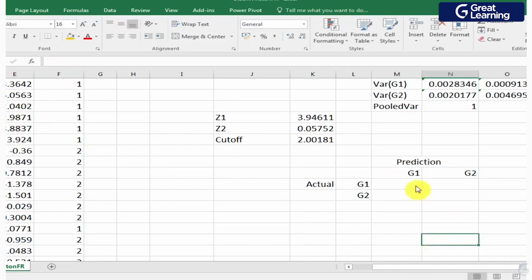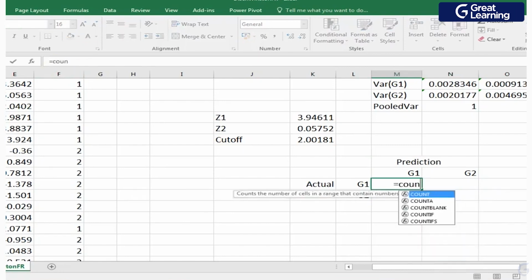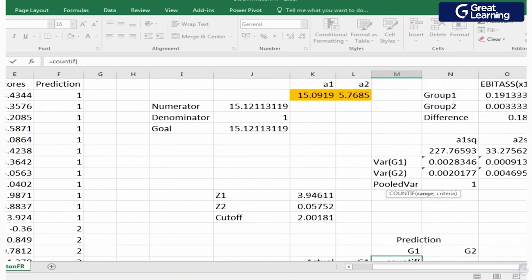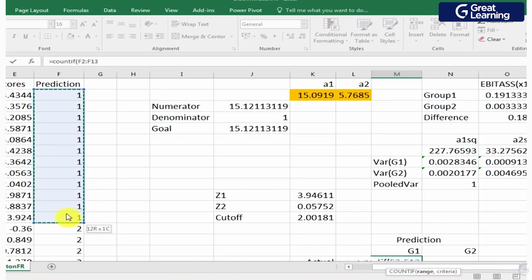Okay, now is equal to COUNTIF. The range, what I need is group 1, I am counting here how many ones are there in group 1. Am I correct? You can even put, if the prediction is actual 0, else 1. You can count that way also.